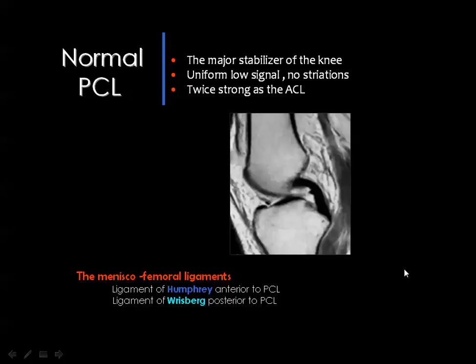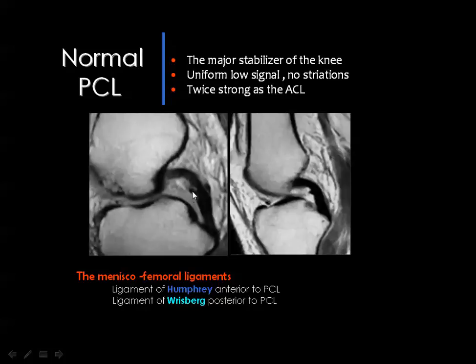Then we come to the posterior cruciate ligament. The posterior cruciate ligament is a cord-like black signal structure attached to the posterior surface of the femur, going to the posterior surface of the tibia. Sometimes you can see a very small dot of low signal anterior and another one posterior, like this. You see an anterior dot and a posterior dot, and these are the meniscofemoral ligaments.